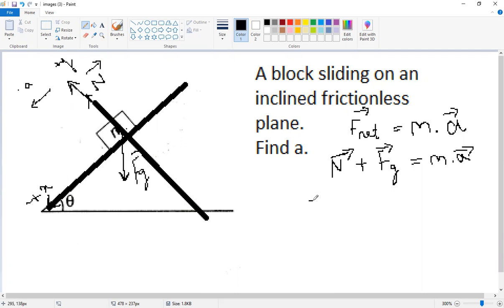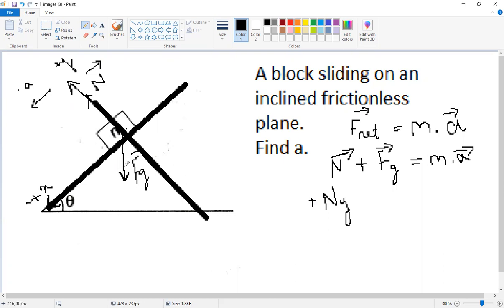So we can remove the vector and put the component, which is positive ny, because it is directed in the positive y direction. Okay? Positive ny.